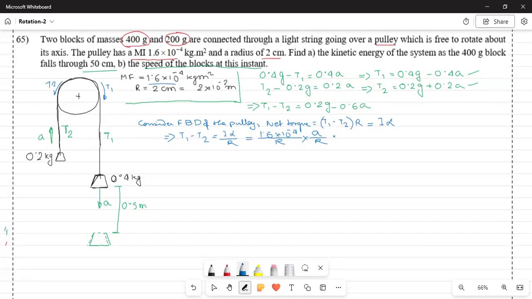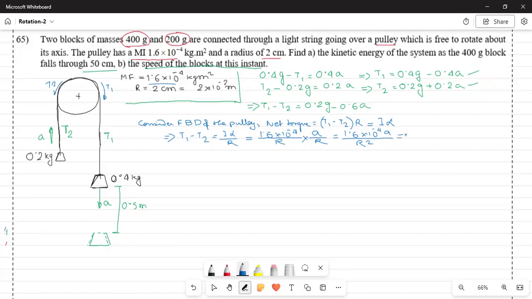So what we have here is 1.6 into 10 to the power minus 4 into A by R square.